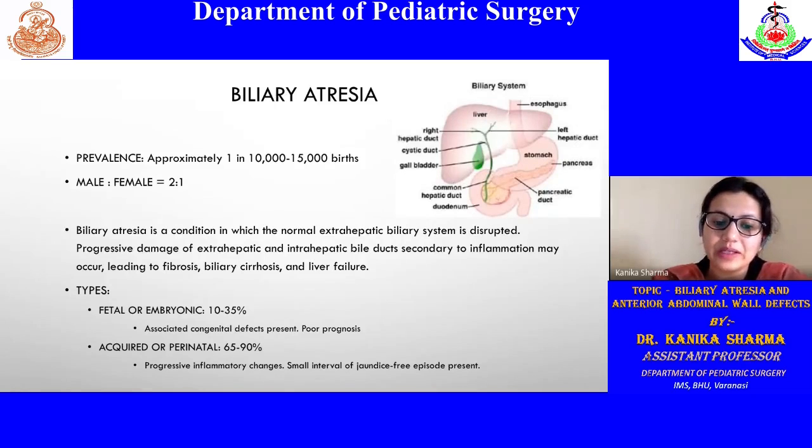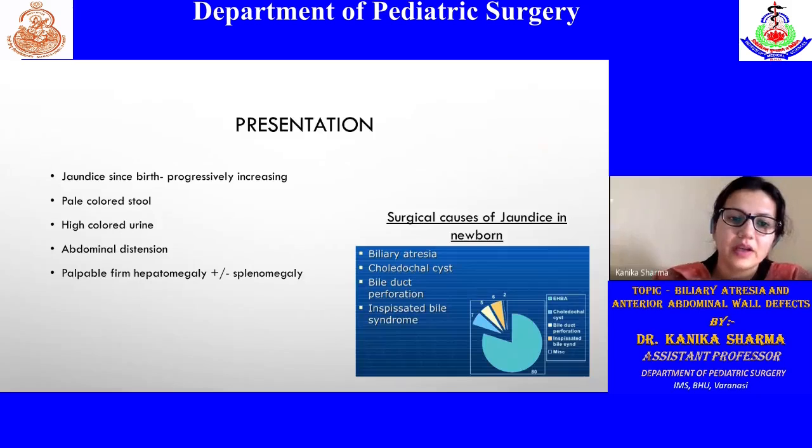While the acquired one usually presents after 2 to 3 weeks of life, and there is a progressive inflammation. So there will be an interim period where the parents may say that the child was jaundice free. Usually these children present with jaundice, which is from birth and is gradually progressing.